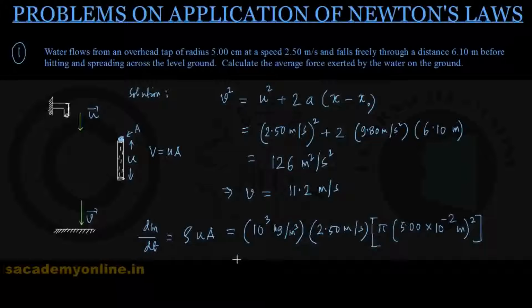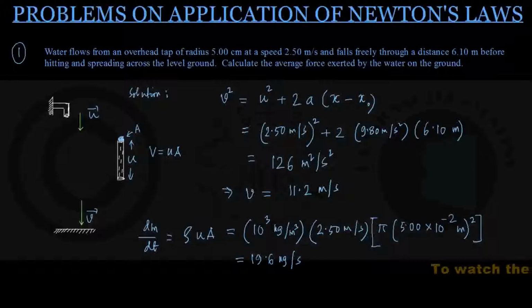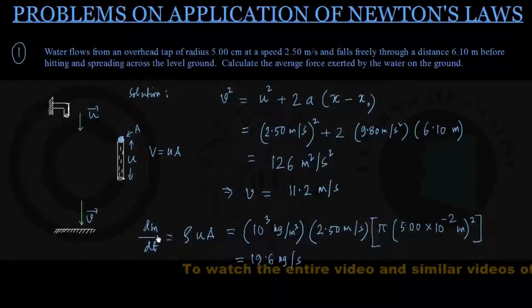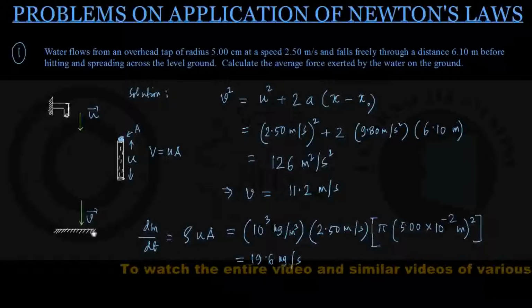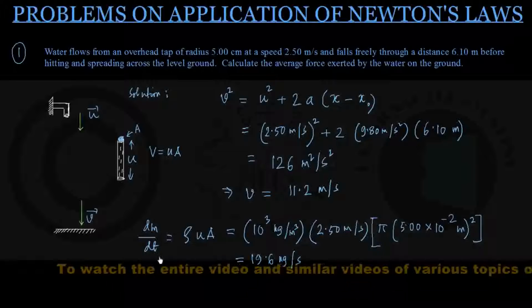By calculation, I find this quantity dm/dt to be 19.6 kg per second. I shall advise all of you to confirm this result by calculating yourself. 19.6 kg per second. So you have already got the speed with which the water hits the ground and the amount of water hitting the ground per second, that is dm/dt.